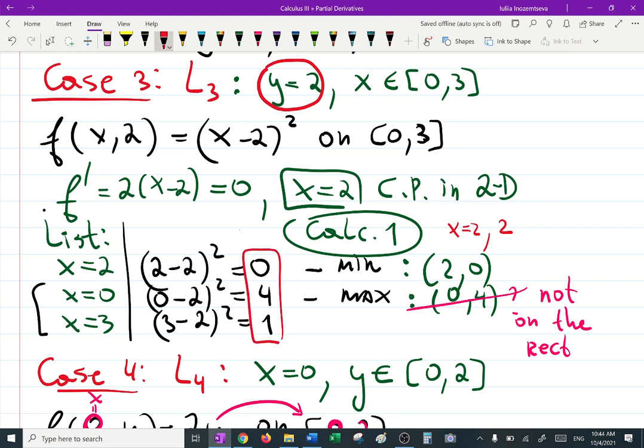That's the output, right? Yeah, the outputs we don't really need. We just use them to check which one gives you the biggest one, which one gives you the smallest one. So this is how we identify them. But this point is actually (2, 2). I see the confusion. This is (2, 2) because y is fixed as 2. That's why it's a confusing problem.